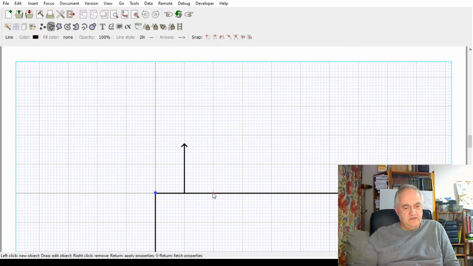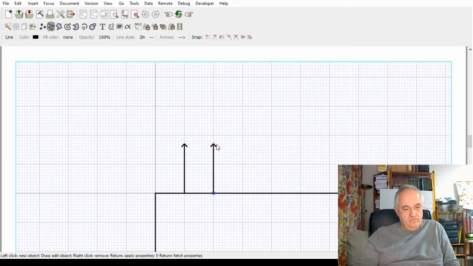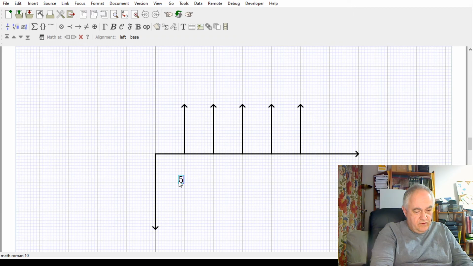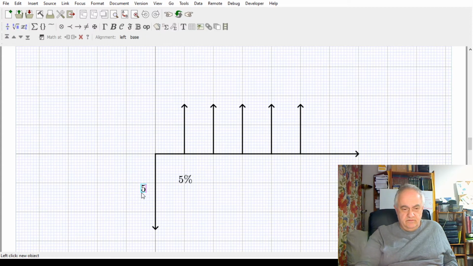We don't know how much it is. We have these 5 payments, and these 5 payments have been calculated so that they reimburse the money with a 5% rate of interest. And this is 5,000.